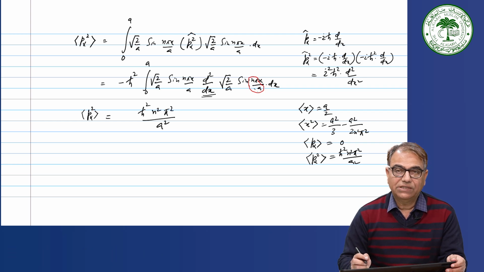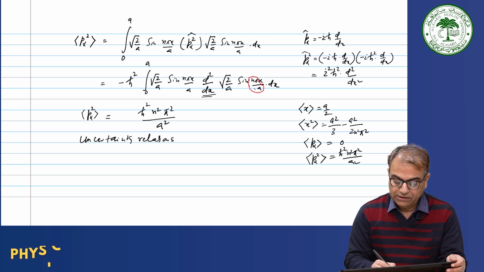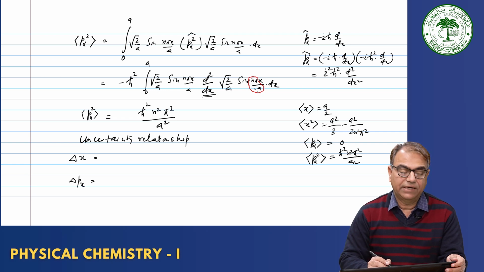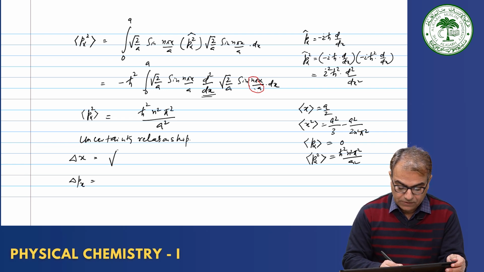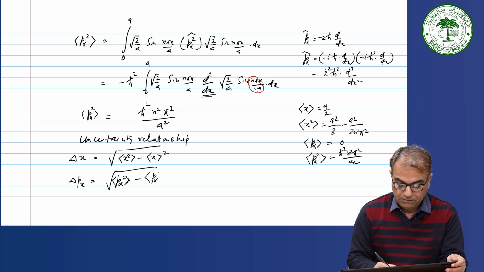Okay. Once you have this, then when I was talking about the uncertainty relationship, I said that we can represent delta x and delta px as a variance or a standard deviation, and the value of this that I have given you is the square root of x square average minus x average squared, and px square average minus px average squared.